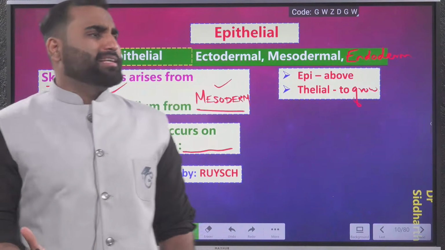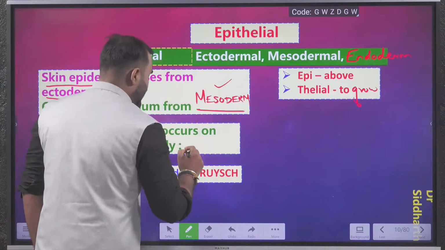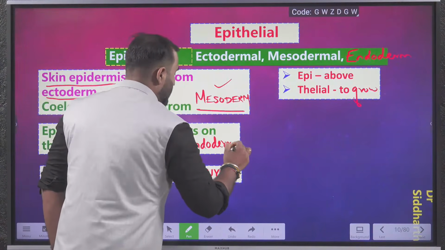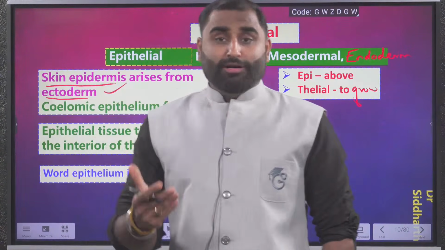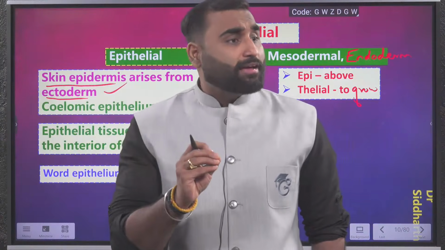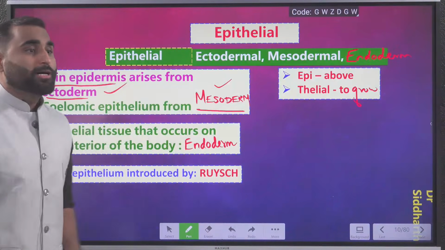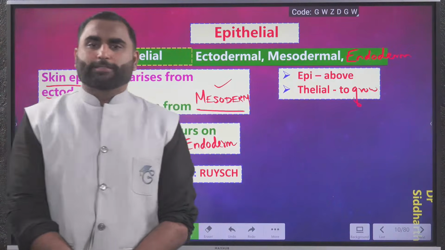Which germ layer is left? Endoderm, correct. So I will write here endoderm. We said some epithelial tissues are derived from ectoderm, some from mesoderm, and the interior of the body from endoderm.